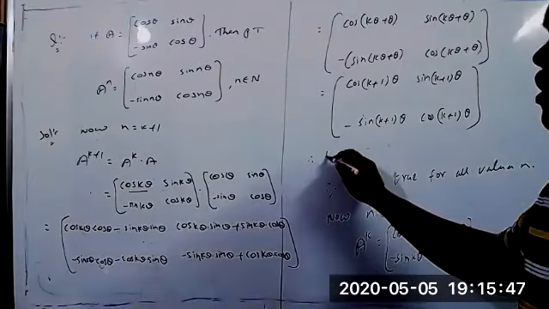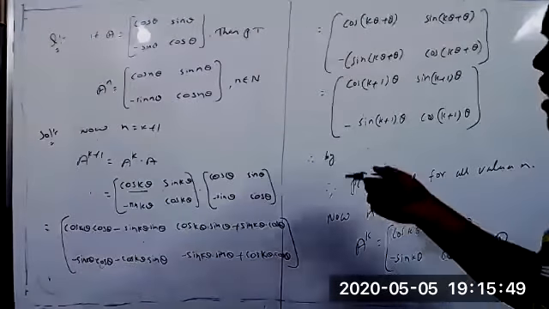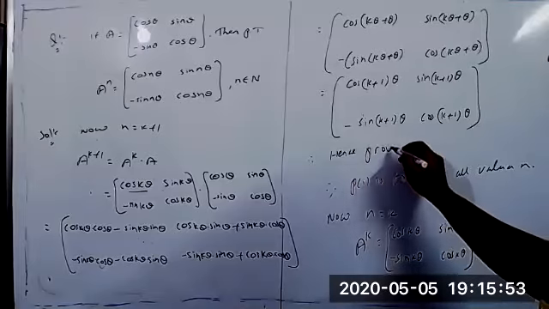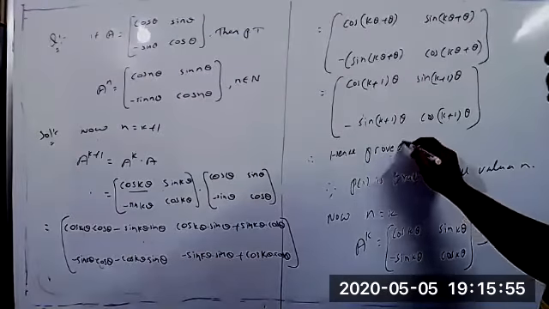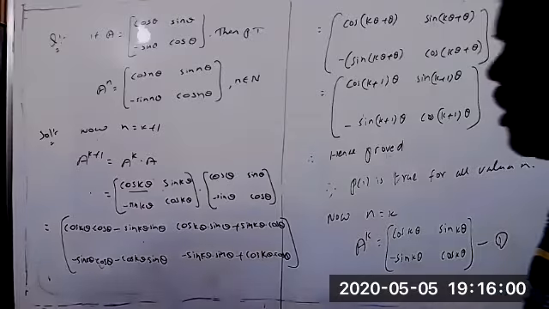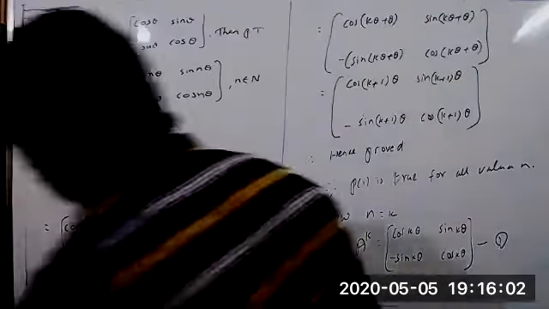So therefore, by principle of induction, otherwise you can write now, hence proved. So what is proved here now? A power n equal to cos n theta sin n theta, minus sin n theta and cos n theta.